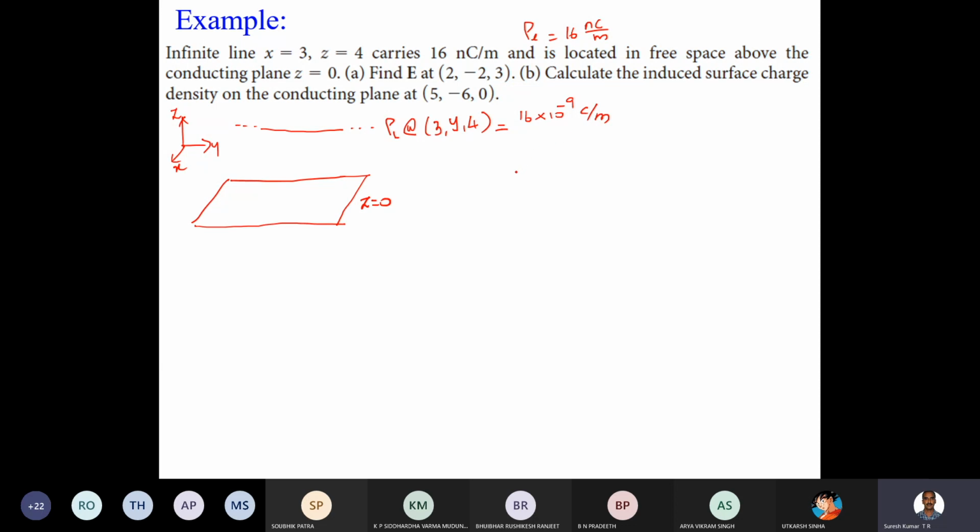So it is not a surface, sorry, it's a line charge density. Now you need to find, as usual, two things: the electric field and the induced surface charge. So first step, let us apply the image theory. Replace this infinite conducting plane with an equipotential plane V equal to 0.